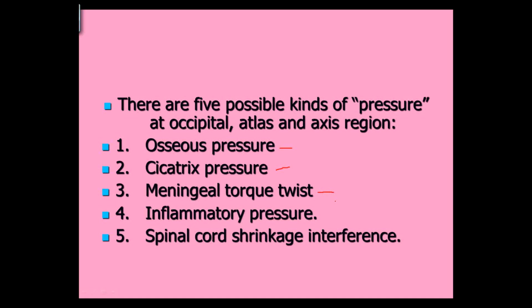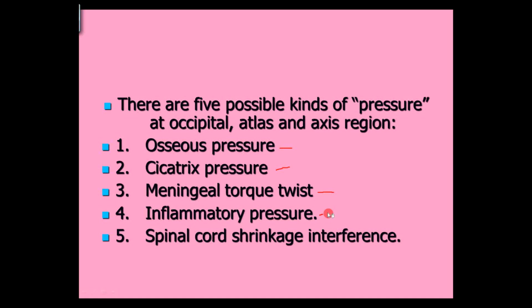Meningeal torque twist. Of course, he's talking about the meninges and the fibers like the dura mater and the other fibers surrounding the nerve system that are torqued and twisted because of the misalignment.